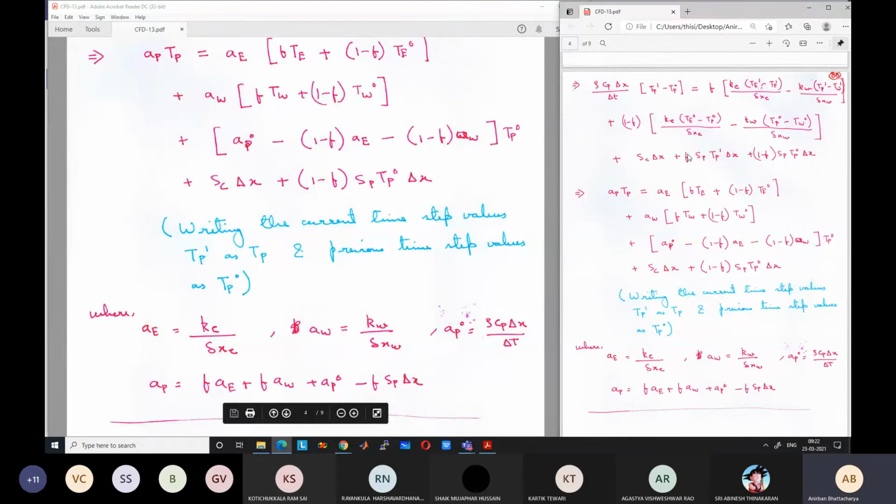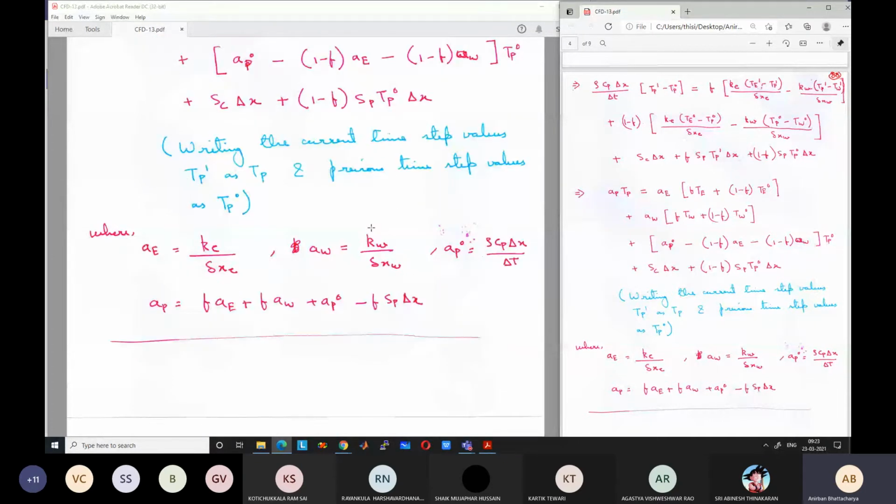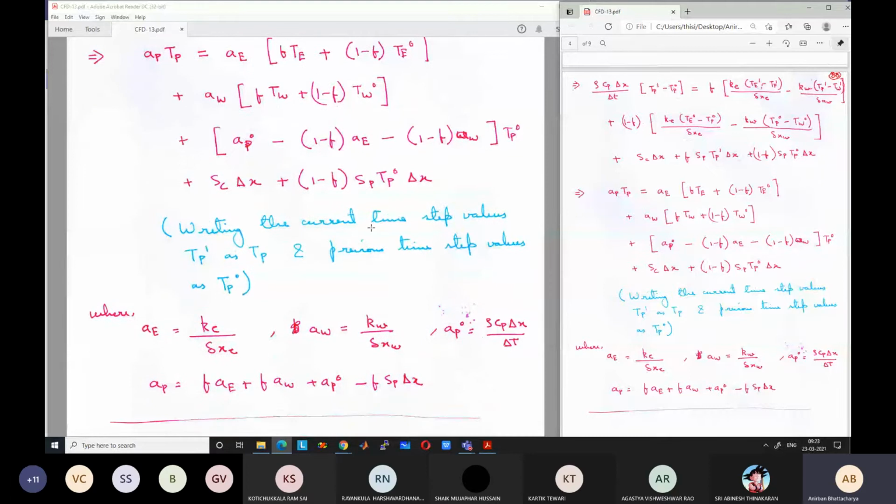Whatever is the extra part, this will be a known term and can be put together in the source term B. So AW into TW, some coefficient into TW, plus again this known term, all this together can be put in the source term B. So final equation will be something like APTP equal to AE dash TE plus AW dash TW plus B. Okay, which is the same.